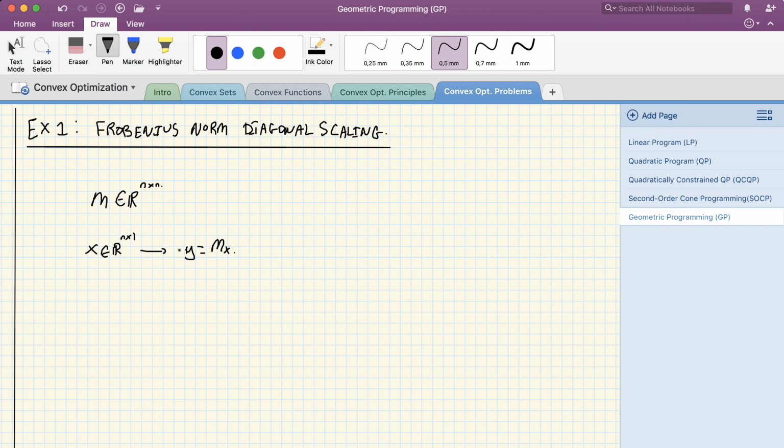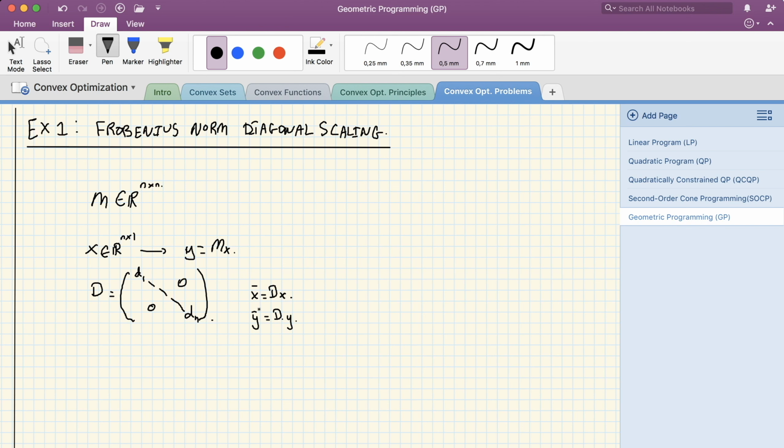Now, let's say we're in a situation where I want to scale my coordinates. That is, I have a diagonal matrix D, which is composed of elements d_1 down till d_n, and zeros elsewhere, since it's diagonal. A change of basis or a change of variable in x would suggest x bar is D times x, and similarly y bar is D times y.